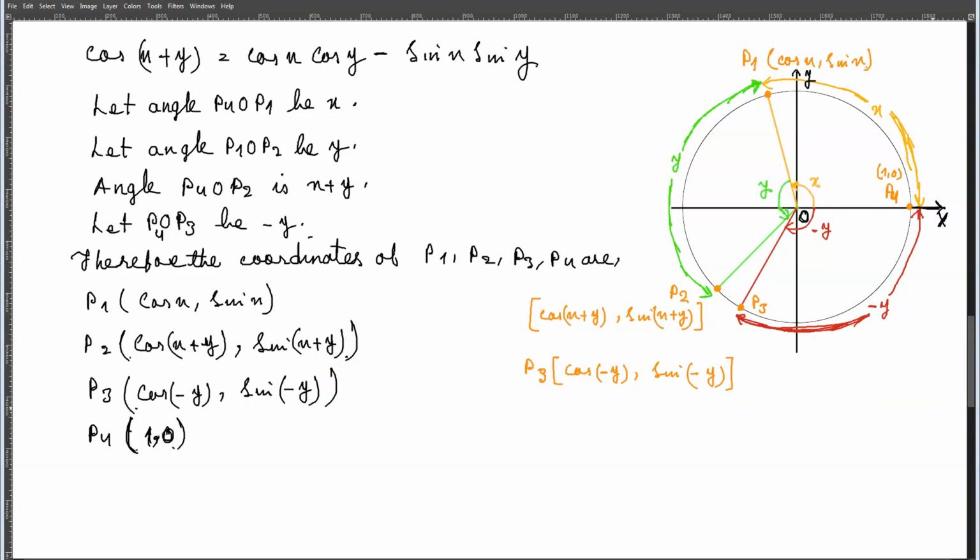Now we have a couple of triangles here. We have the triangle P1OP3, which is this triangle over here, and we have another triangle P2OP4, which is this triangle over here.